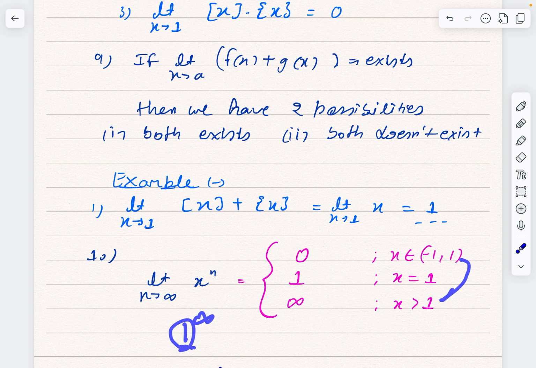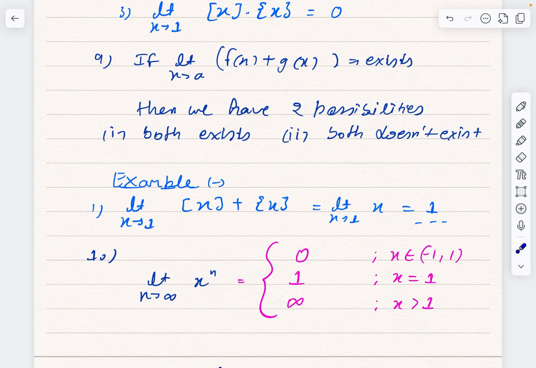That could be approaching from the left side or right side. If it is slightly less than 1, it is approaching 0. Slightly more than 1, it is infinity. So when it's 1 power infinity and the value is tending to 1, the number could lie anywhere between 0 to infinity.